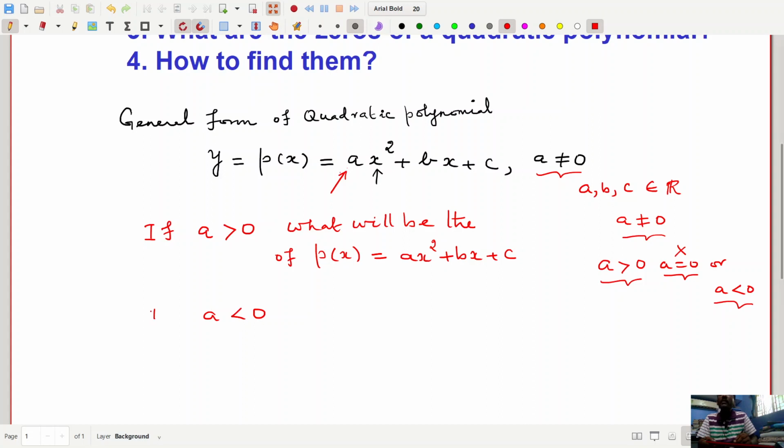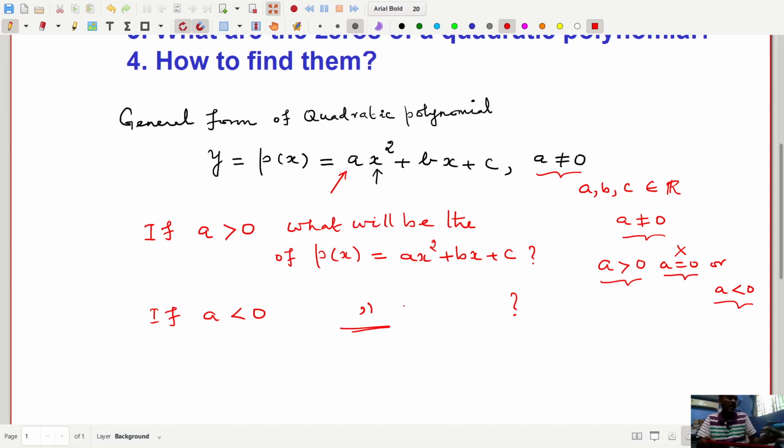We are going to see these two cases and answer them.